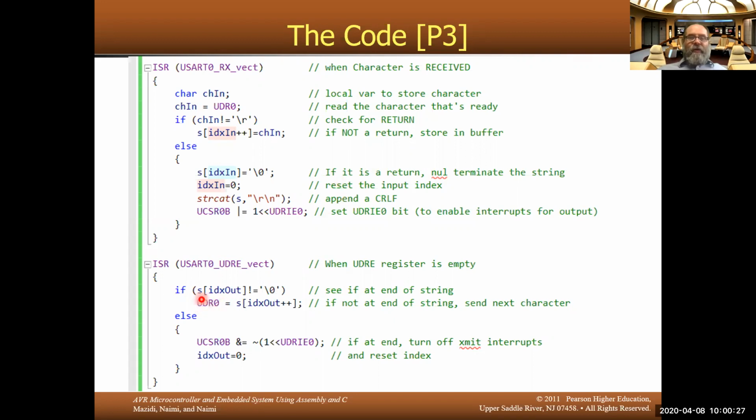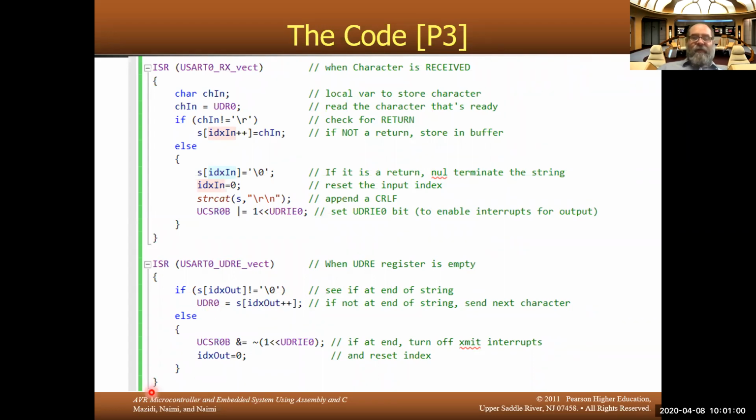All right, so I'm going to check and see, is character 0 a null? It won't be, because there'll at least be a carriage return line feed in there. And if it's not a null, I'm going to set the data register equal to the 0th character in S. So if I typed in Star Trek, it would be set to an S. That is immediately going to begin to get transmitted.